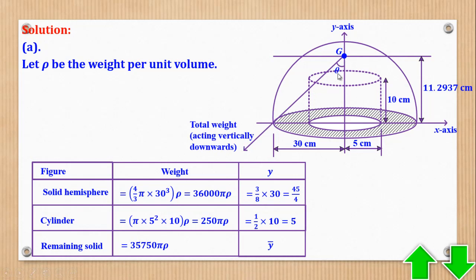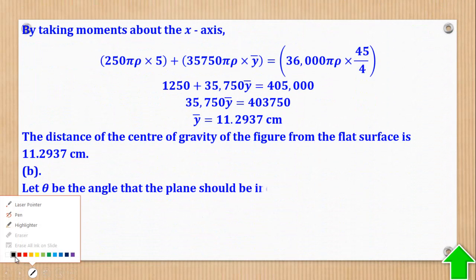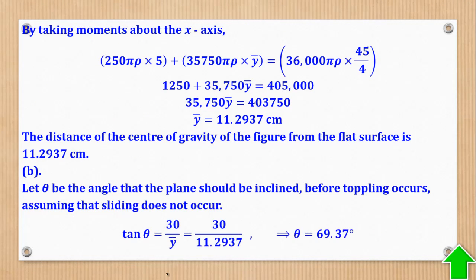And this will be the angle they want. So we have this and we have that, so we shall use tan. Therefore it will be tan 30 over 11.2937. And that will be the angle they wanted.